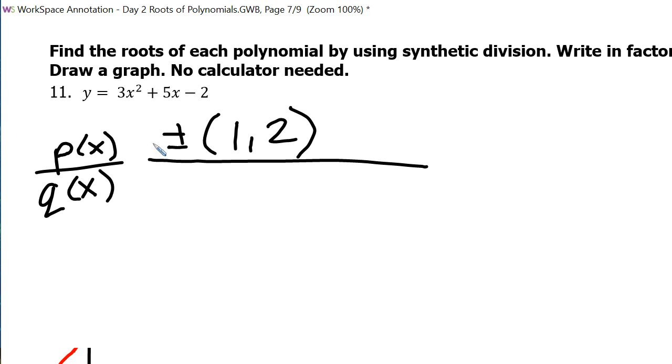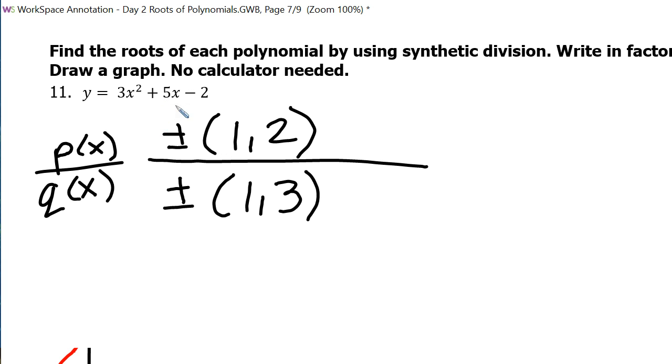Now for Q of x, it's all the possible factors for the leading coefficient, which is 3. What are the only factors for 3? 1 and 3.